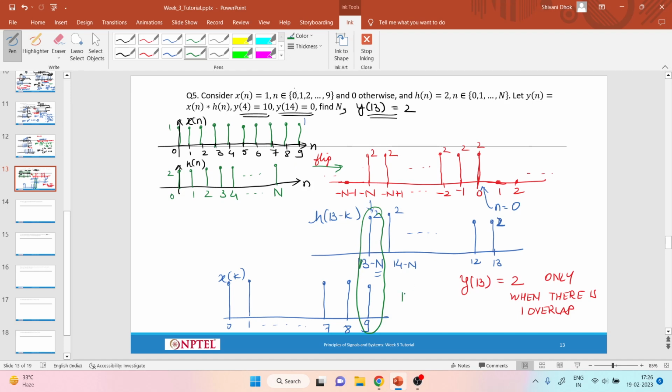Which means that 13 minus n should be equal to 9, which means that n is equal to 13 minus 9, which comes out to be 4. So this is the value of n which I am getting.